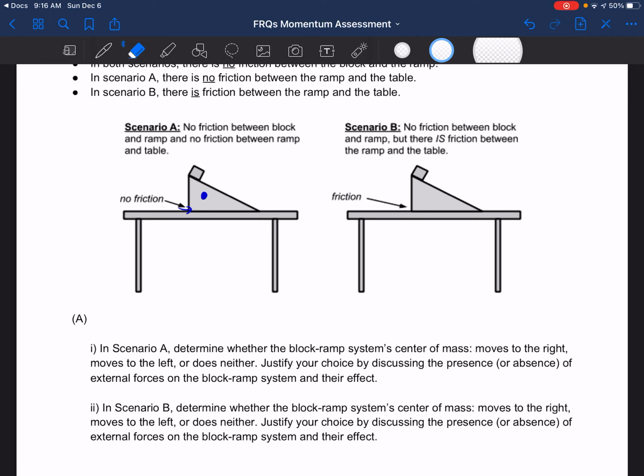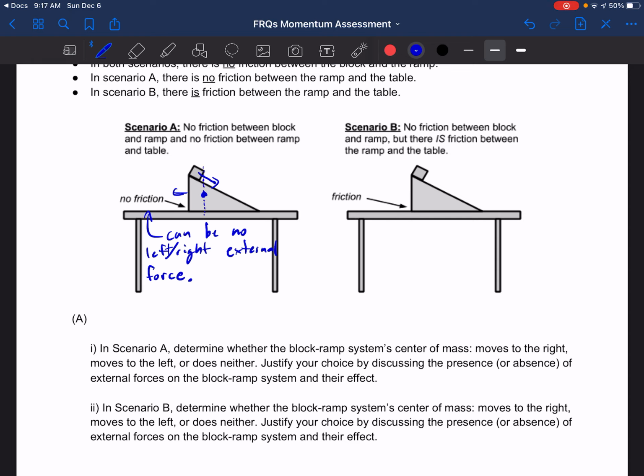There is gravitational force which pulls the block down, but because there's no friction, there can be no left/right external force. So what that means is the block is going to move to the right, the ramp is going to move to the left, and the center of mass is not going to move to the left or the right. It's going to stay in the same place because there is no external force. So the center of mass is not going to move left or right.